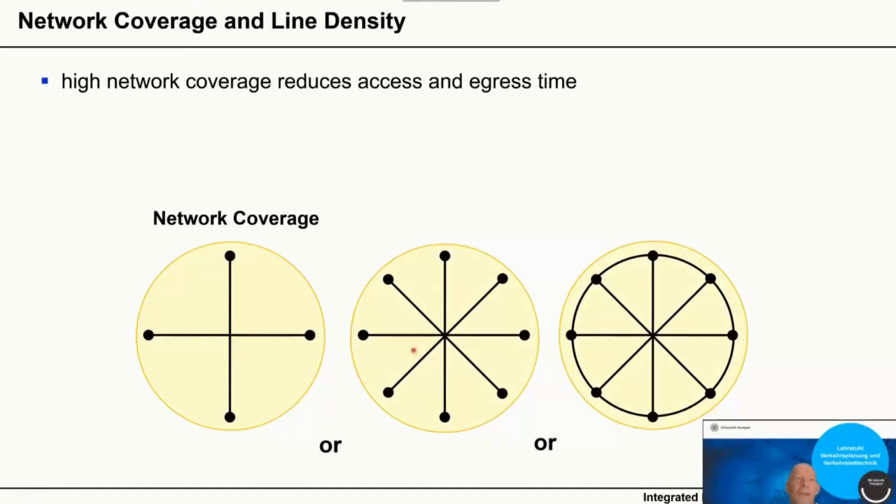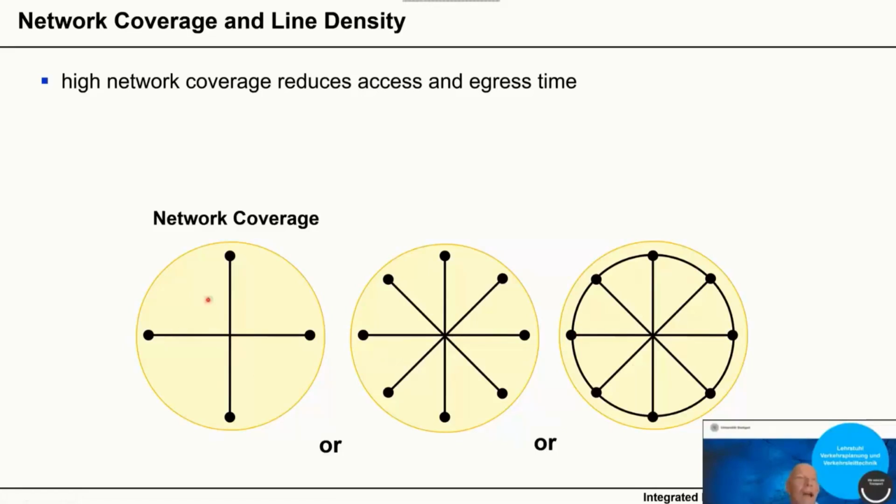So of course, this solution reduces access and egress time compared to this solution. And if you have tangential lines, it looks like a ring line, but it could be different independent lines serving the outskirts, then again you have a better coverage.